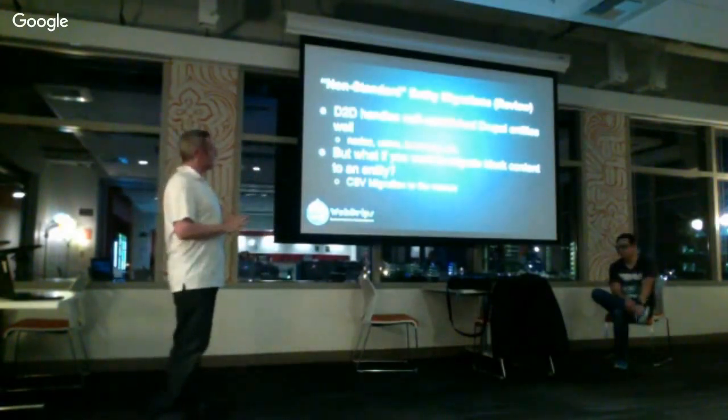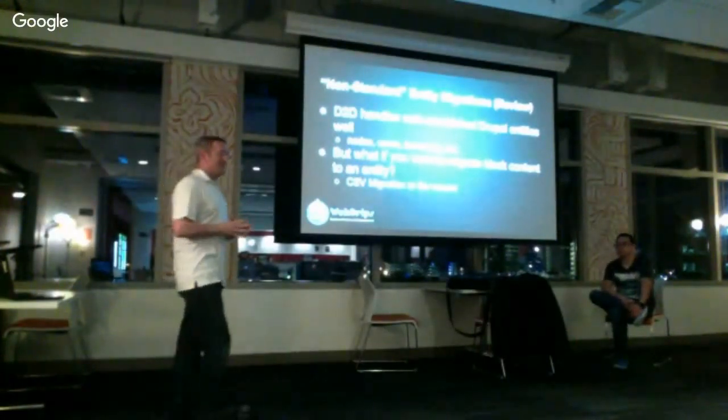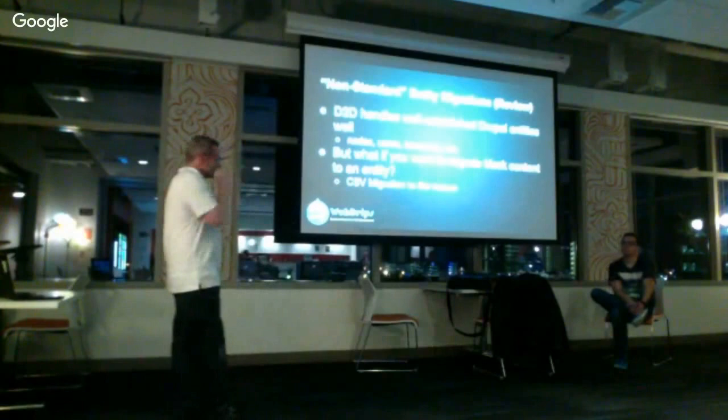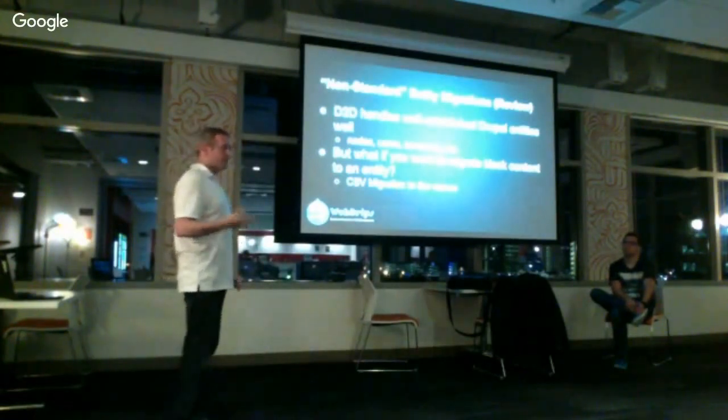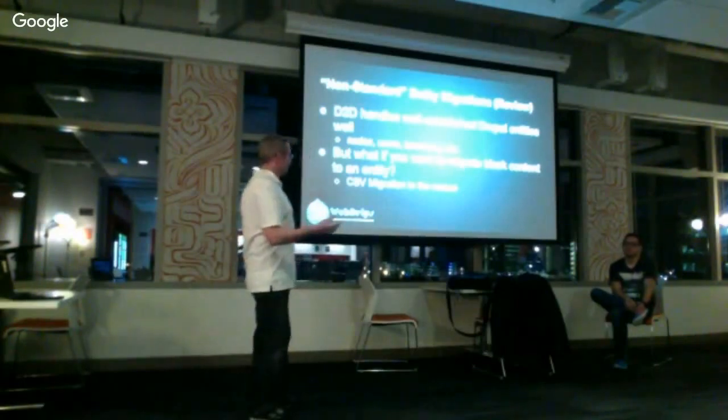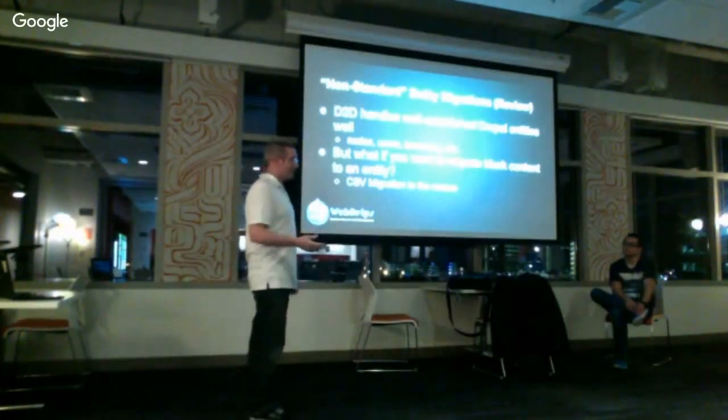But then there was this idea of the non-standard entities. What we mean by that is, Drupal to Drupal migrations handle pretty well the well-established Drupal entities: nodes, taxonomies, users, things like that.